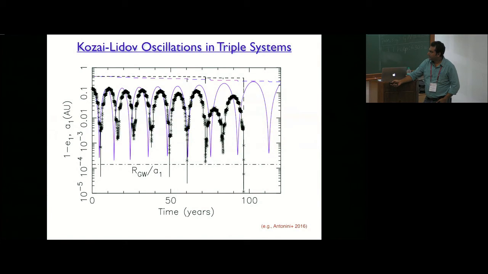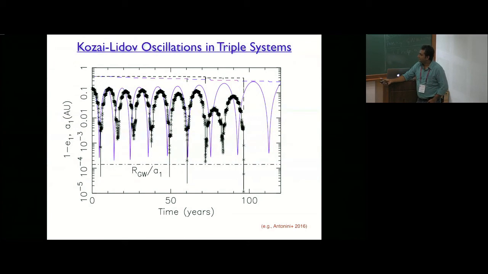So what I'm showing here, so ignore time, that is a function of the periods of the black hole binary and the binary tertiary orbits, and their masses and their initial eccentricities and inclinations. So a lot of things go into the time scale.